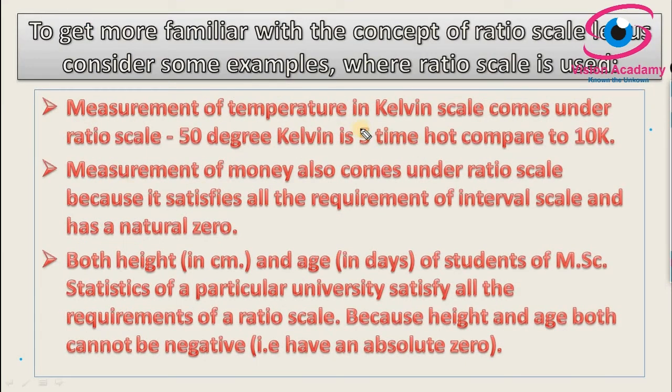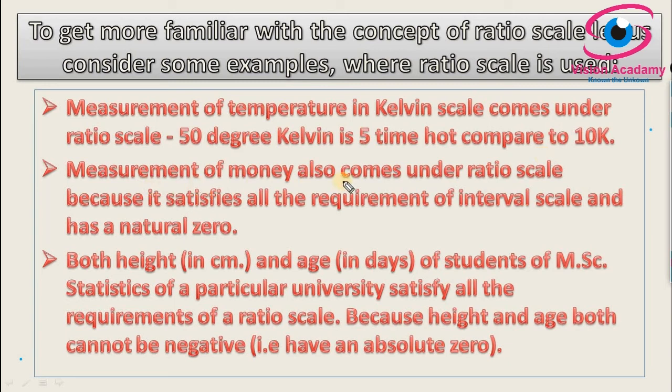Measurement of temperature in Kelvin scale comes under the ratio scale because it has absolute zero, which is equivalent to -273.15 degrees Celsius. This characteristic of origin allows us to make a statement like 50 Kelvin is 5 times hot compared to 10 Kelvin. So it comes under ratio scale, which gives a clear zero.